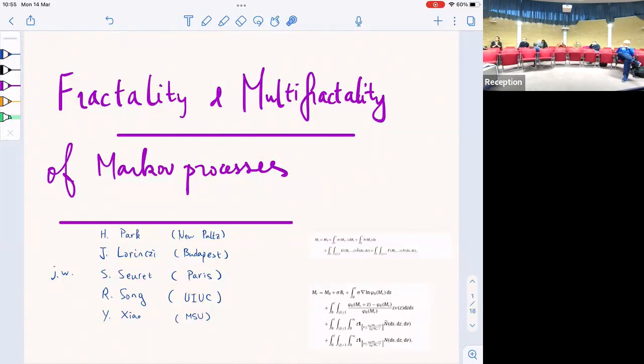Can you tell us a bit more about the generality of these results, in the sense of which types of characteristics you have generalizations for?